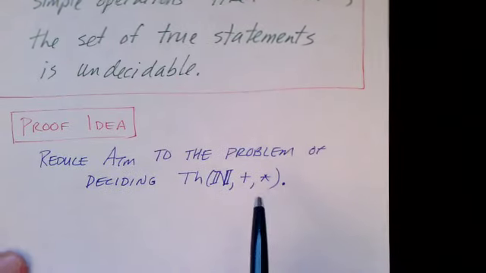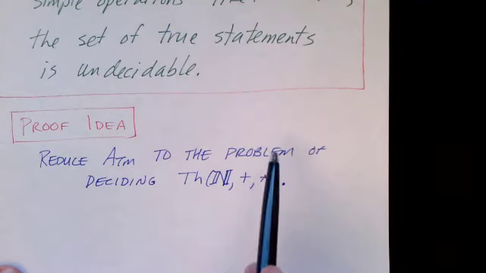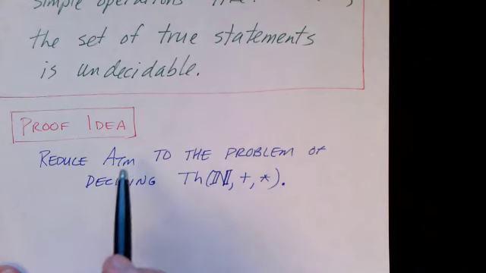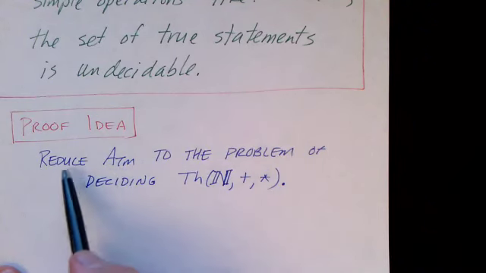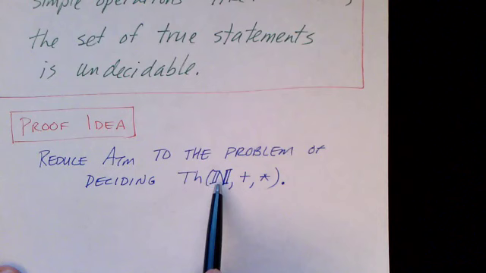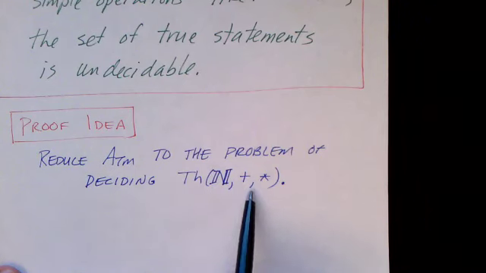Now, I'm not going to give the full proof, but if you follow these videos so far, hopefully you'll get the idea. The idea is simply to reduce the acceptance problem for Turing machines to the problem of deciding whether a statement is true or not, given the interpretation in number theory.